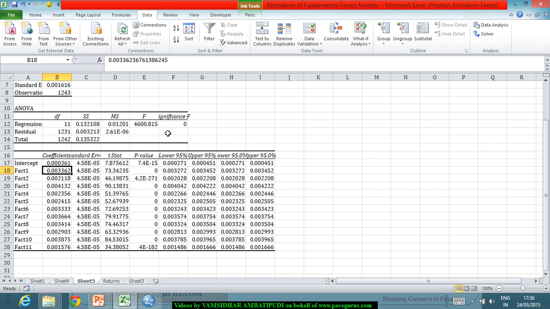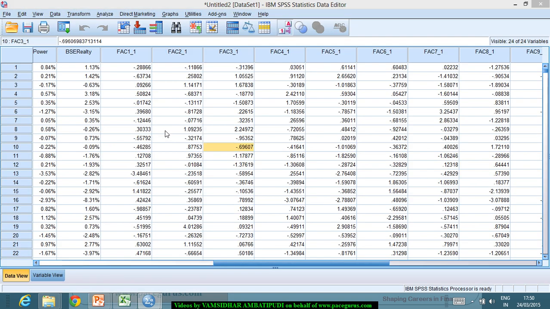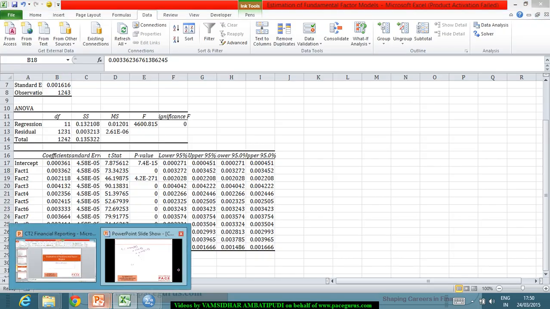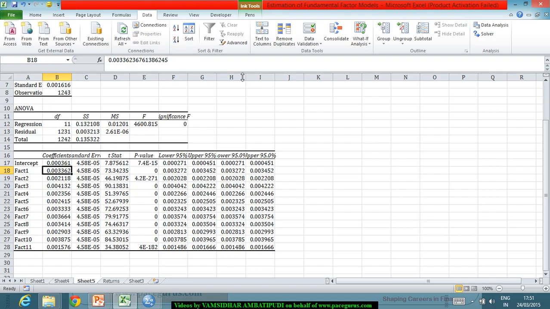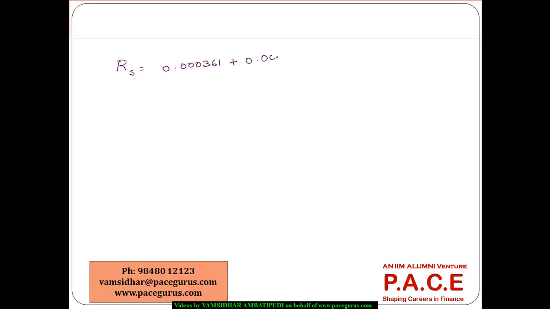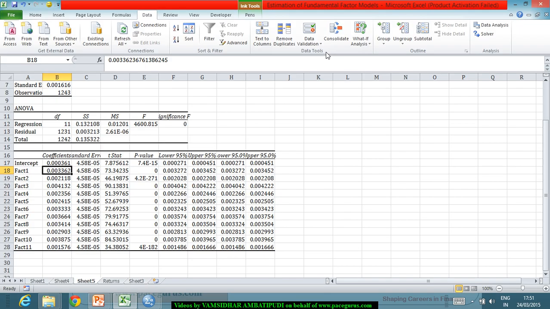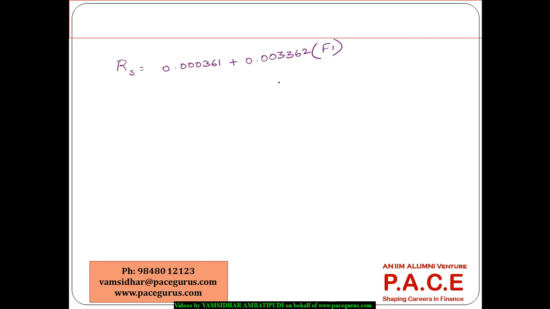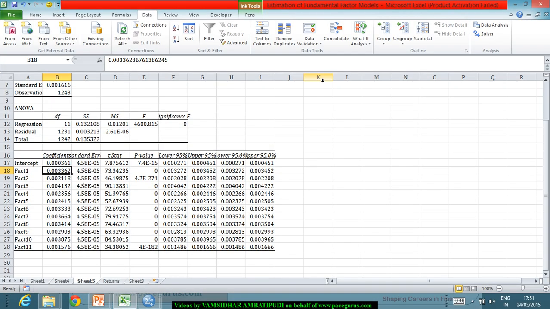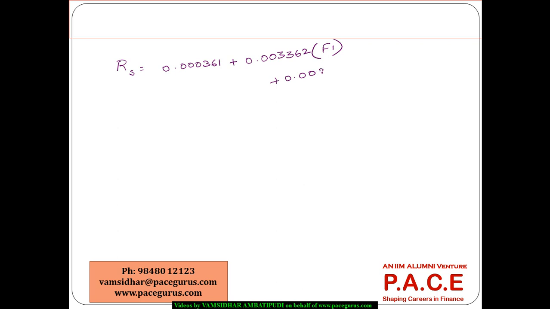The formula now will become: the return on the Sensex is as good as 0.000361 plus 0.003362 times the factor 1 plus 0.002118 times the factor 2.